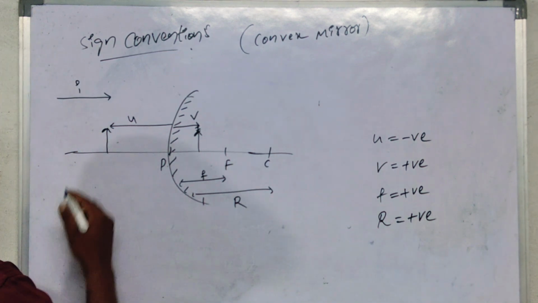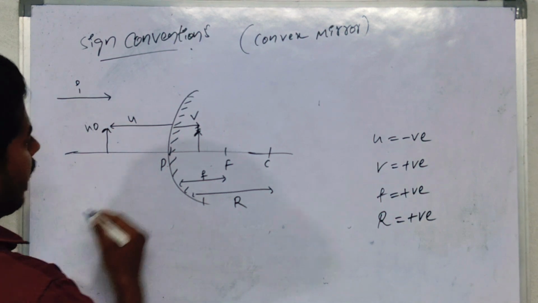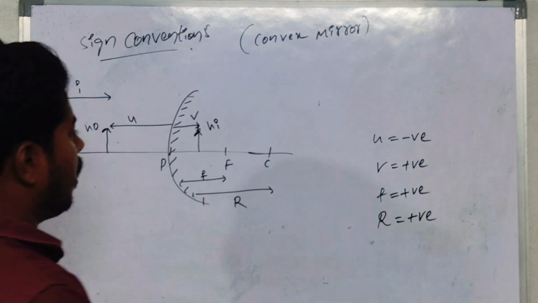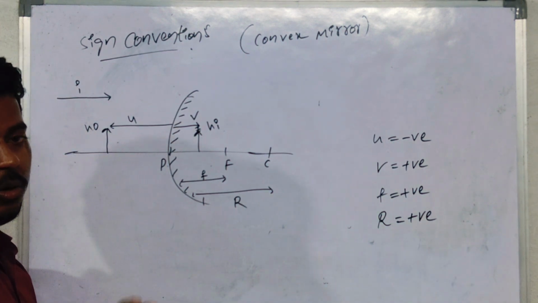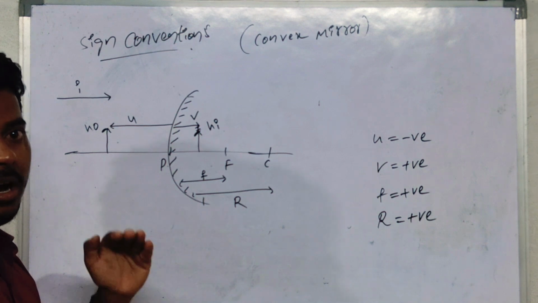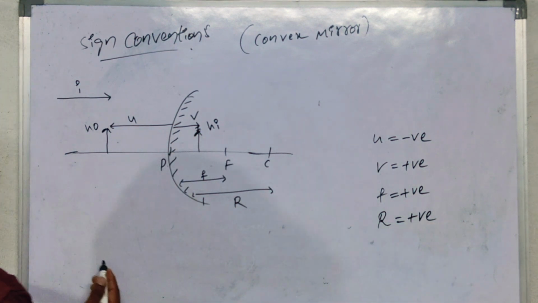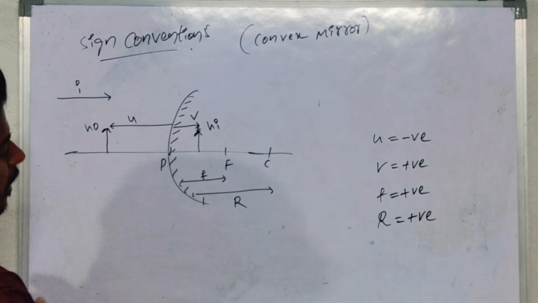Now come to the heights. Object height h0 and image height hi. Already we know a convex mirror always forms virtual images. So all virtual images are formed above the principal axis and the object height is also always placed above the principal axis.